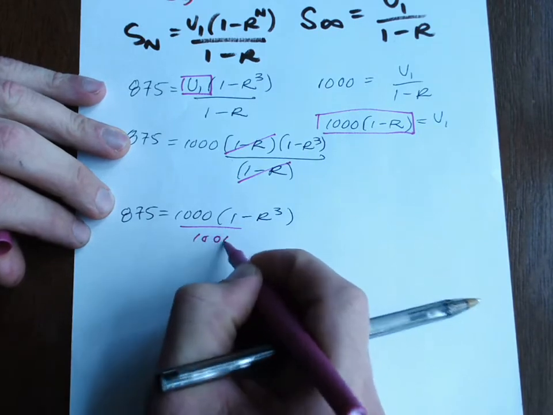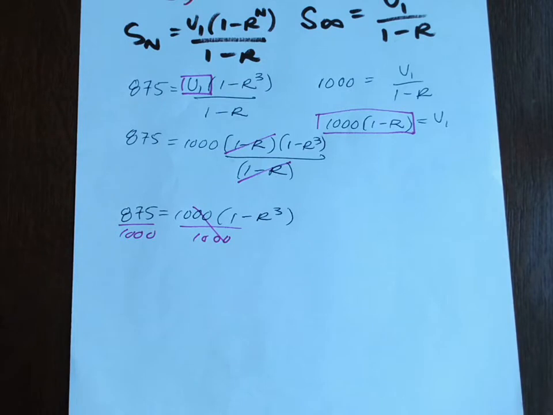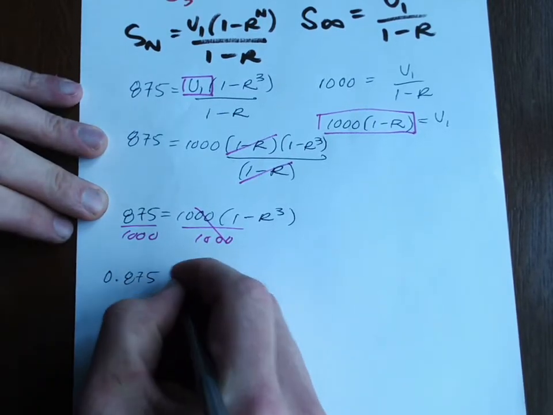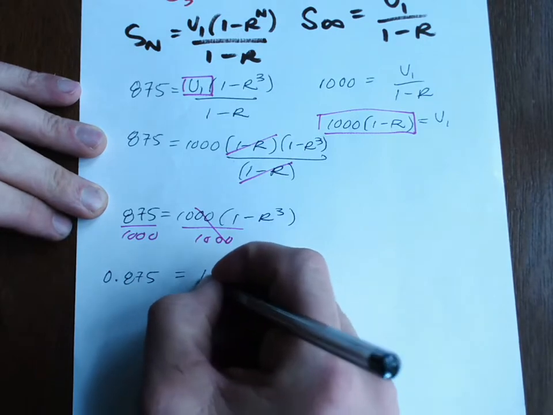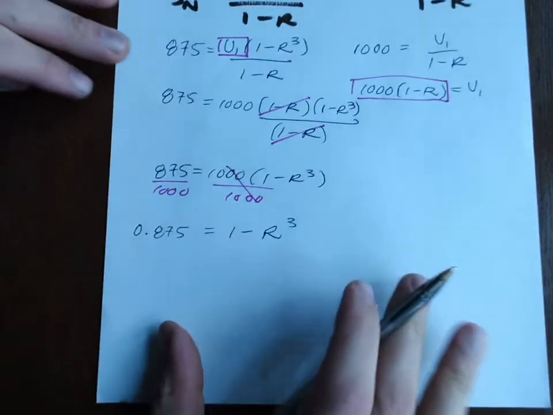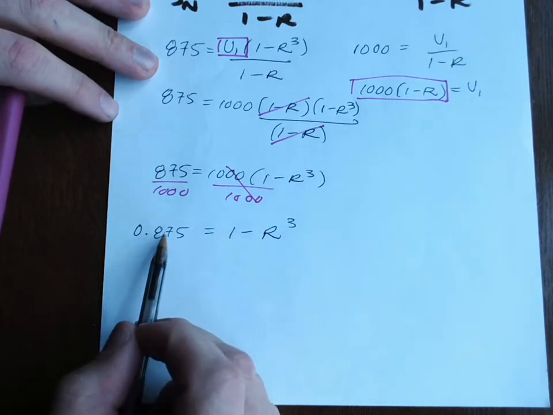Instead, divide by 1,000. We get 0.875 equals 1 minus r cubed. Okay. From here, we have to subtract a 1.